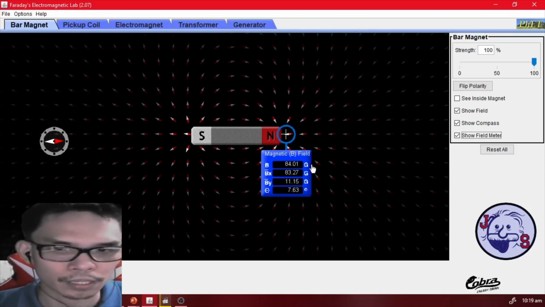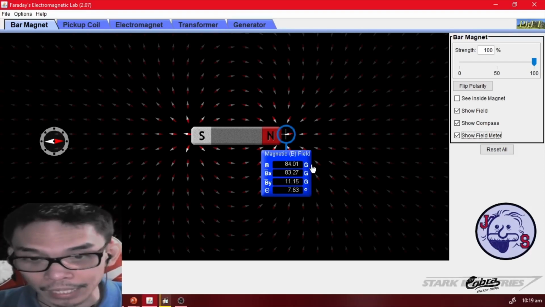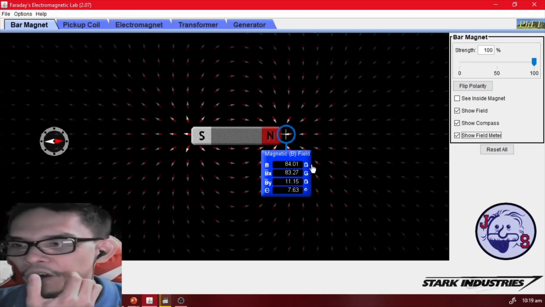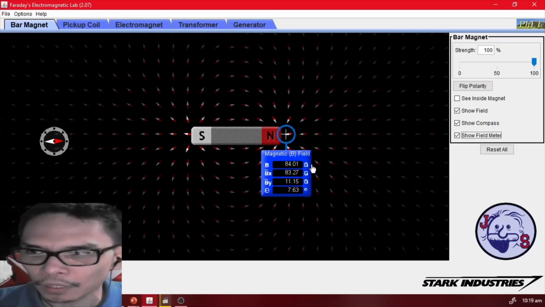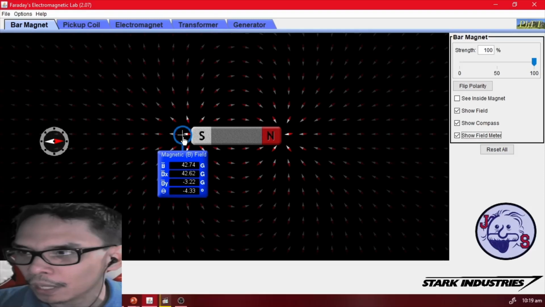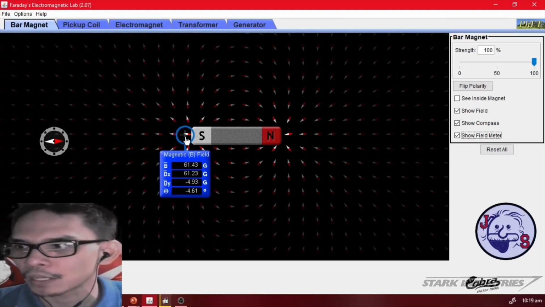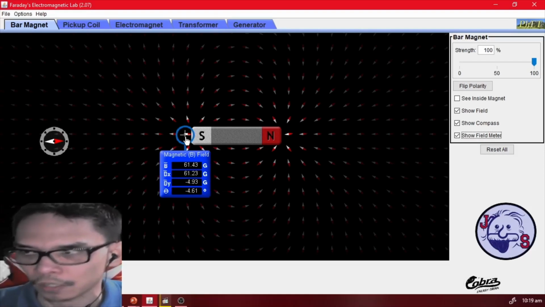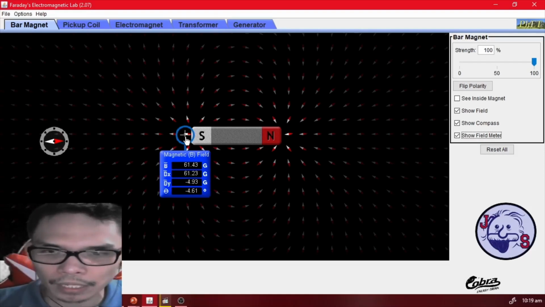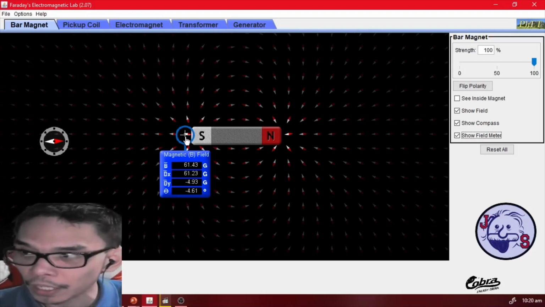Gauss is the SI unit. Sometimes it's Tesla. So 84.01 Gauss. The South Pole also has 61.43 Gauss. Meaning to say, this is the value of the magnetic field near the pole.